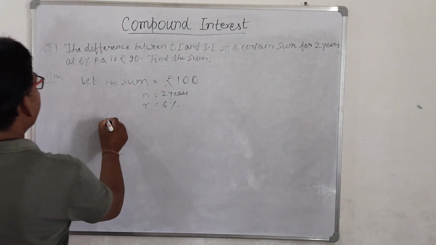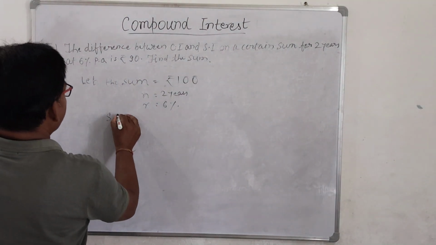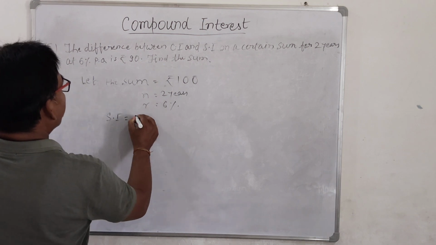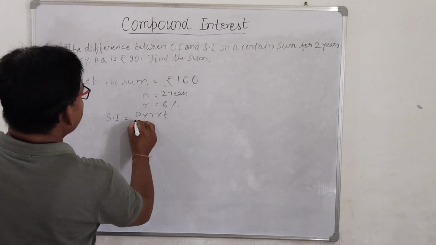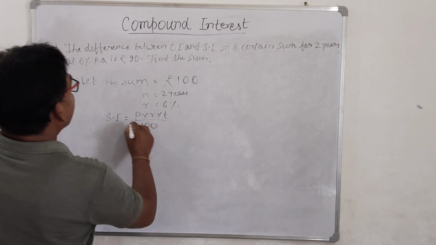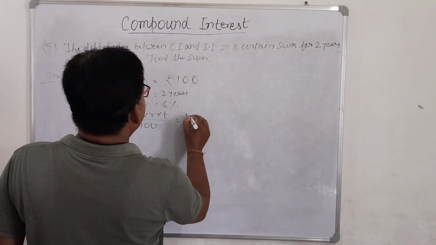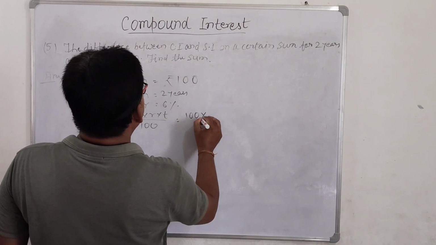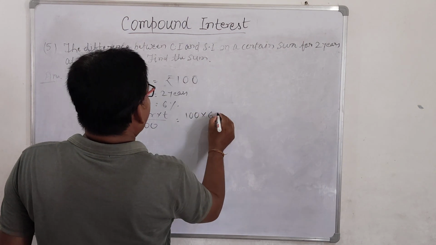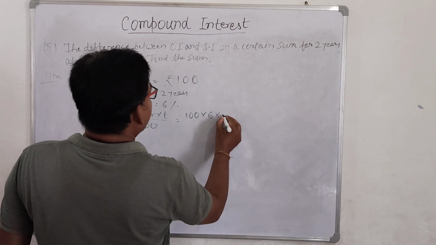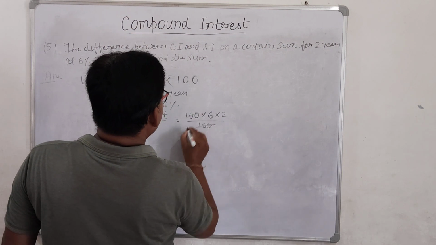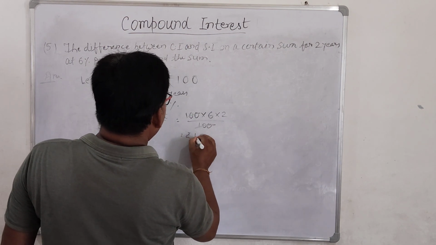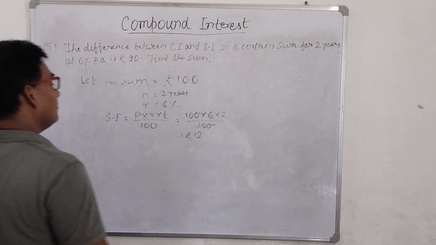SI is equal to principal into rate into time upon 100. So the principal here is 100 multiplied by rate, that is 6%, number of years, that is T, 2 upon 100. 6 twos are 12. So 12 is the SI.